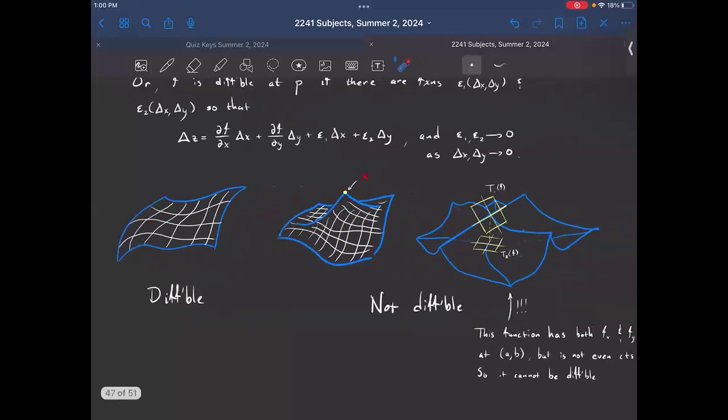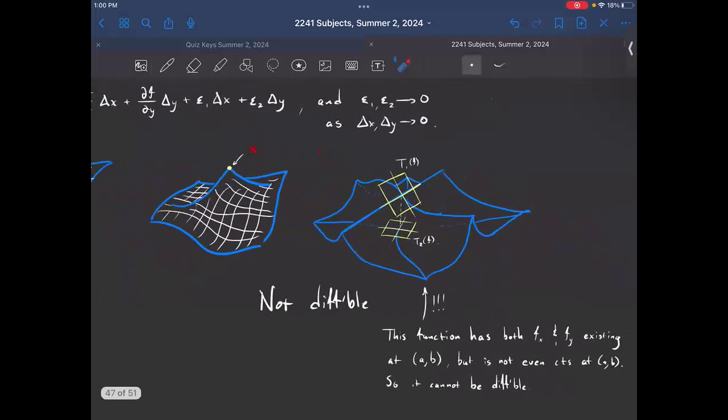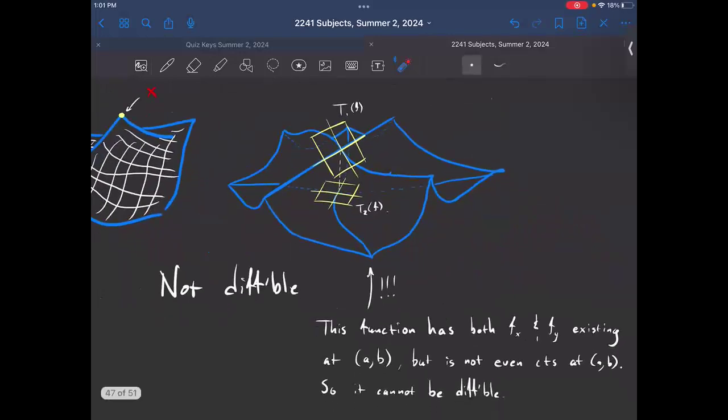Over here, we have an interesting example of a non-differentiable function. So this is the one that I mentioned I have an example of. So we have this function here, and it's got partial derivatives in the x direction and the y direction at this point.